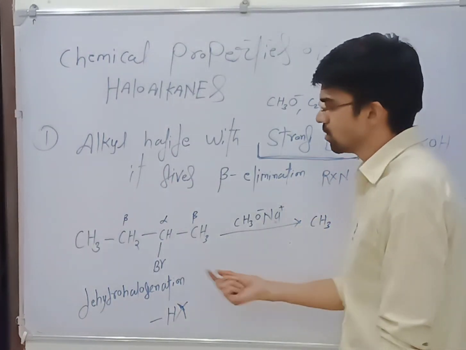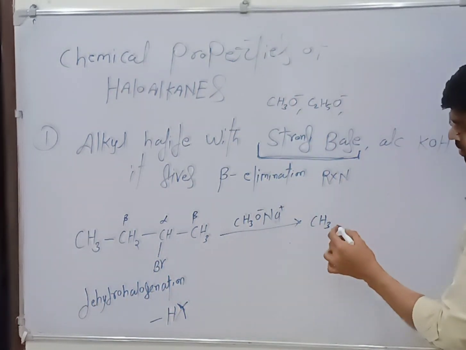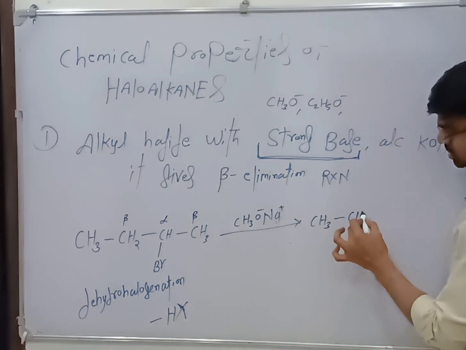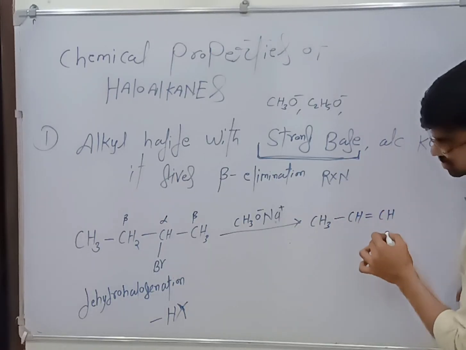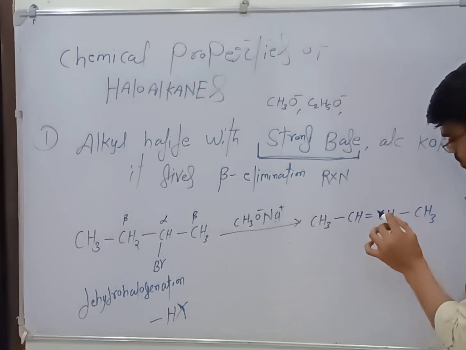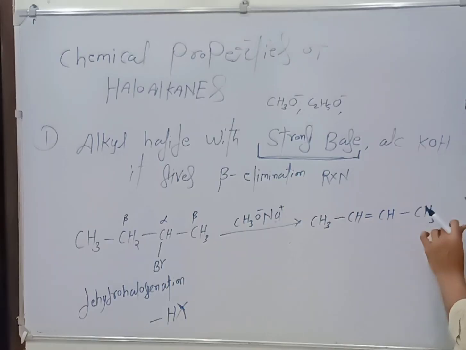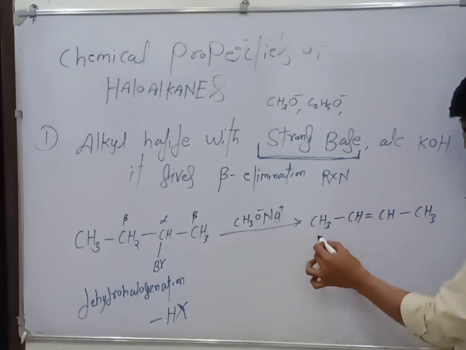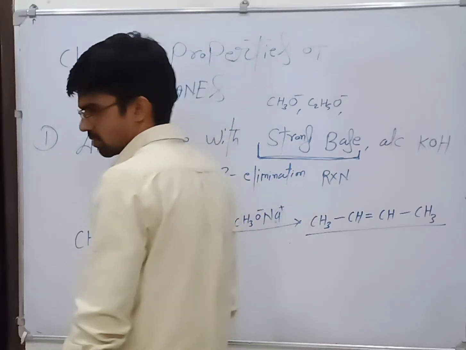If we remove the hydrogen from this carbon, our product will be CH3 CH double bond CH and CH3. Okay, so you will get this product if we remove the hydrogen of this beta carbon.